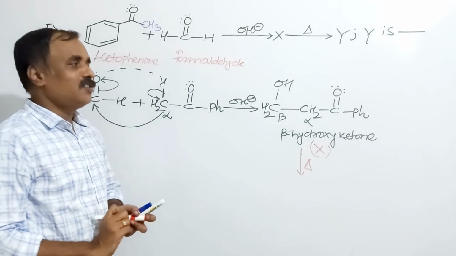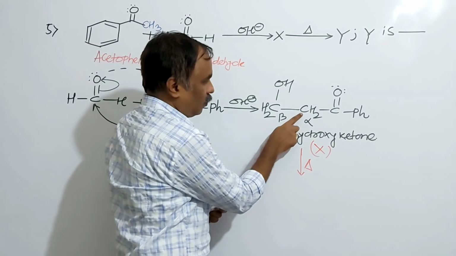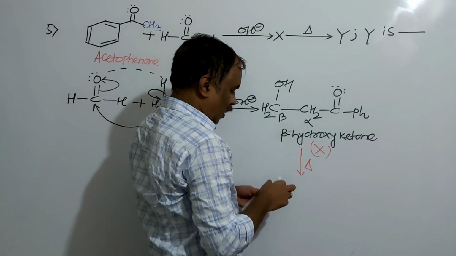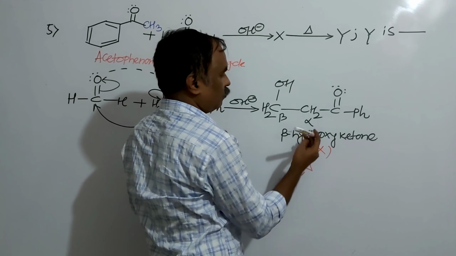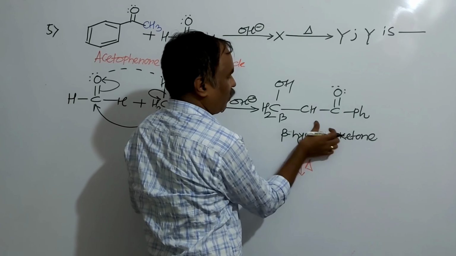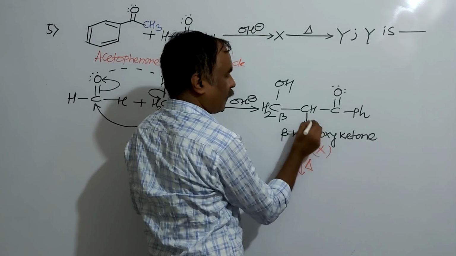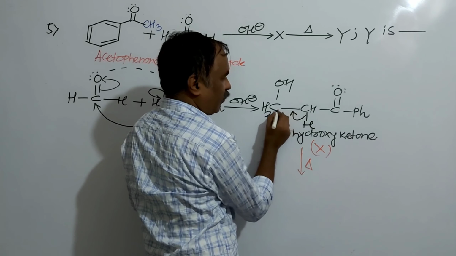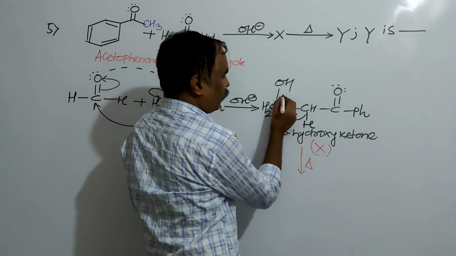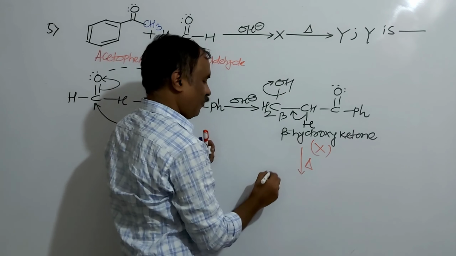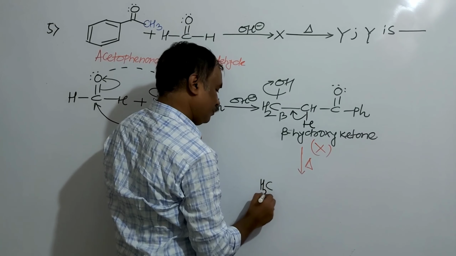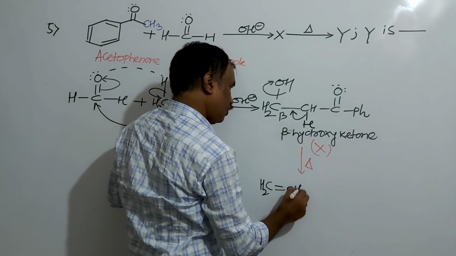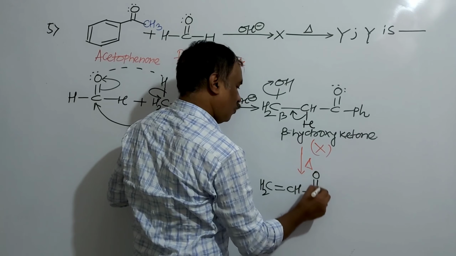Decomposition of this: formation of alpha beta unsaturated ketone, that is, removal of one hydrogen from alpha. For the CH2 we can write CH and one hydrogen separately here, and here formation of carbon-carbon double bond and removal of this, and here formation of CH2, CH, C double bond O, Ph.